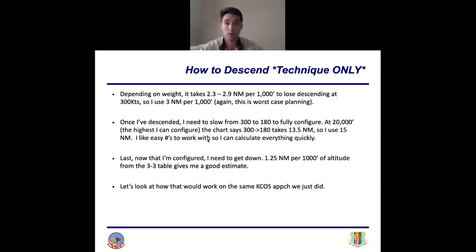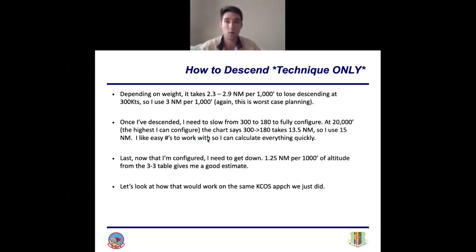So 300 to 180 to fully configure at 20,000 feet, the highest that you can configure, takes the most distance, because again, I'm trying to do worst case math. The chart tells you that it takes 13.5 nautical miles. So again, easy math, I use 15 because I'm just trying to calculate this quickly in my head, and I want some wiggle room for winds, or maybe I'm a little heavier than the chart says.